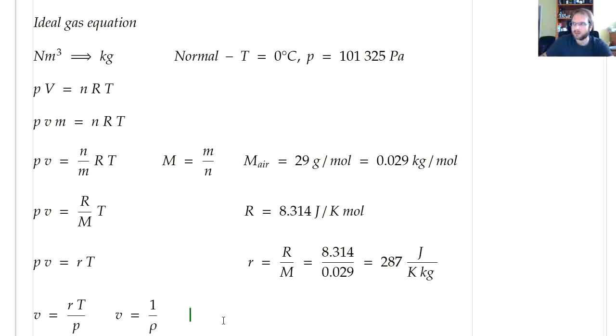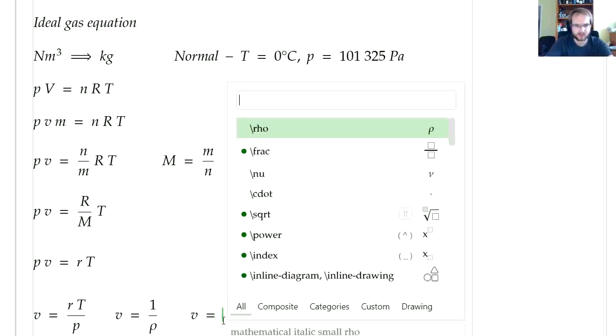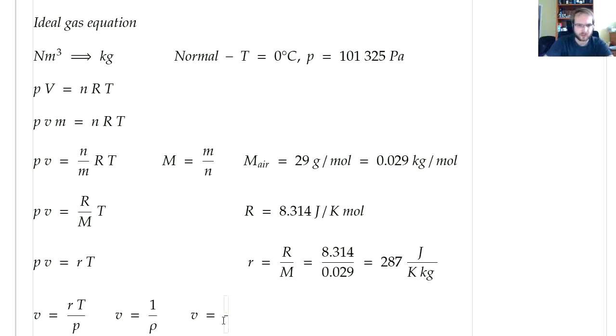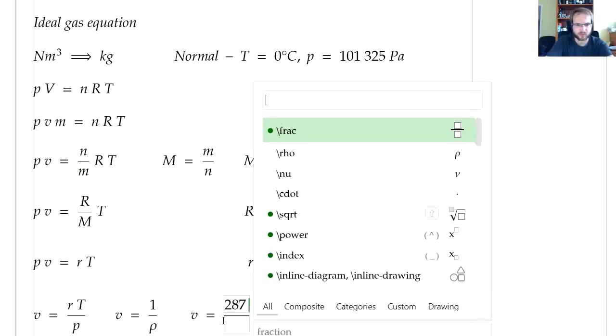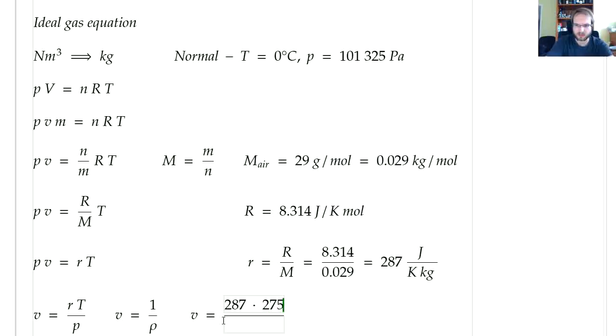So the V equals 287 times 273.15, the temperature of 0 degrees Celsius in Kelvin, divided by 101,325 pascals, and the result should be 0.774 kilogram per cubic meter.